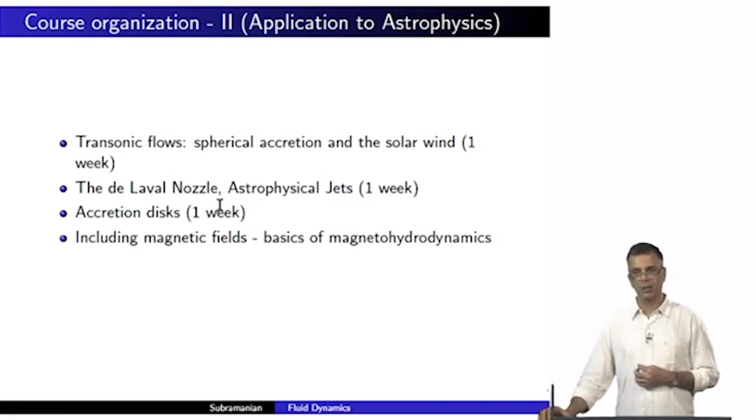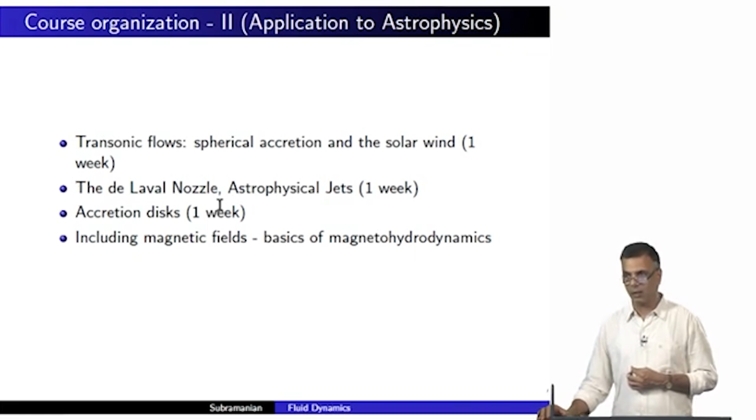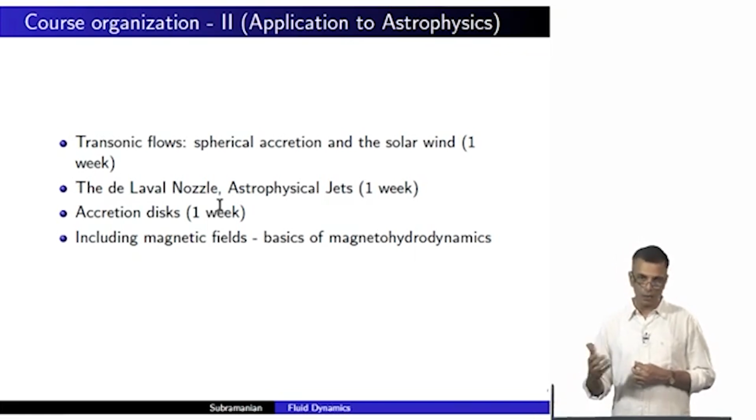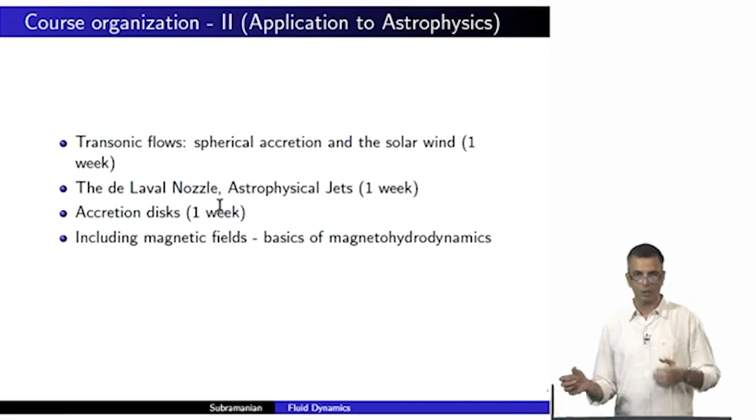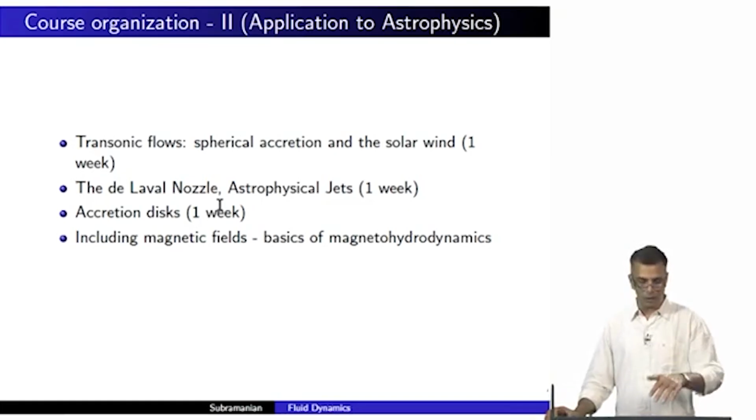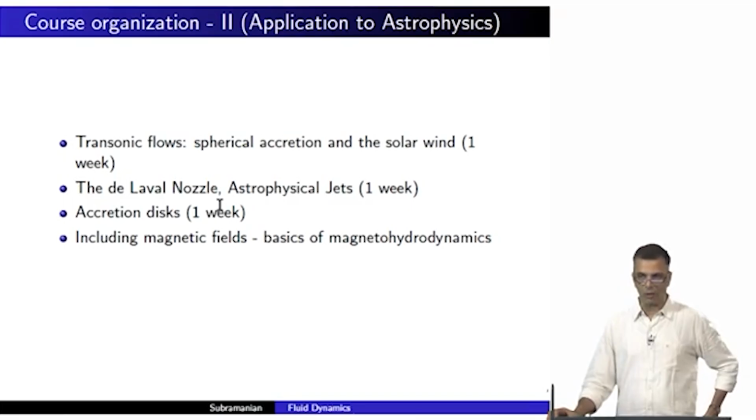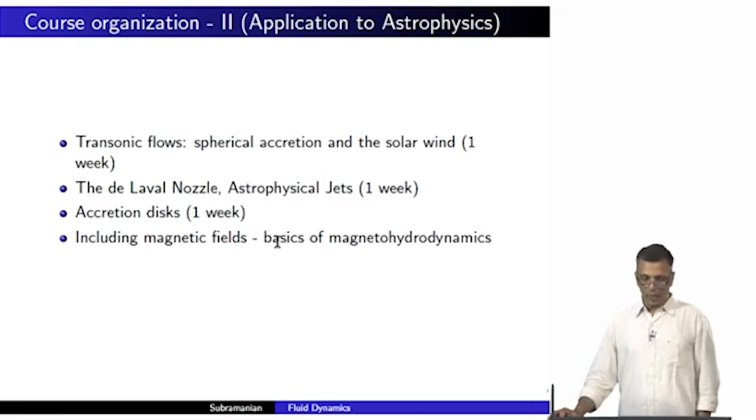It turns out that it needs to be included mostly in the momentum equation via what's called the Lorentz force. Certain modifications need to be made in the overall mathematical framework, and these modifications are part of the field called magnetohydrodynamics, which, as the name implies, is hydrodynamics combined with magnetic fields.